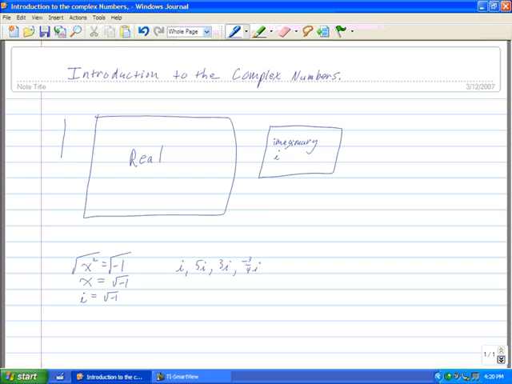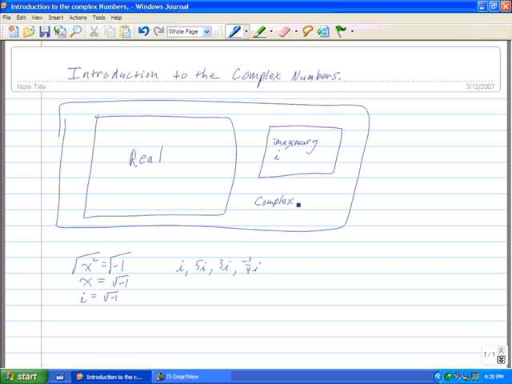Now we need to also look at a larger group of numbers, which is actually our main theme here, called the complex numbers. Complex numbers are a result of a real number being paired with an imaginary number in this type of form. Say -3 plus 7i, 4 minus 5i, 1/2 plus 3/8 i.